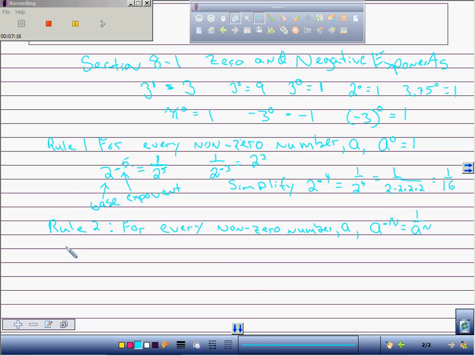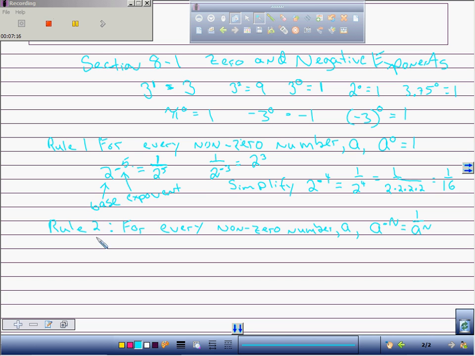This is rule number 2. For every non-zero number a, if you have a negative exponent, you just bring it downstairs and make it positive. There are reasons for that we'll see as we go along, but really it's just stuff that makes the math work. Okay? So now we're going to do some problems.